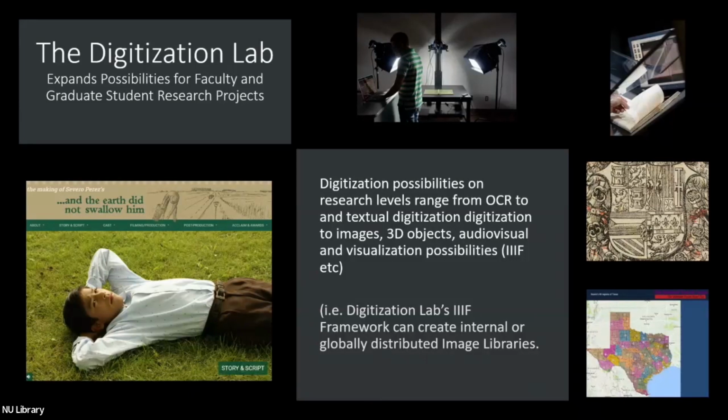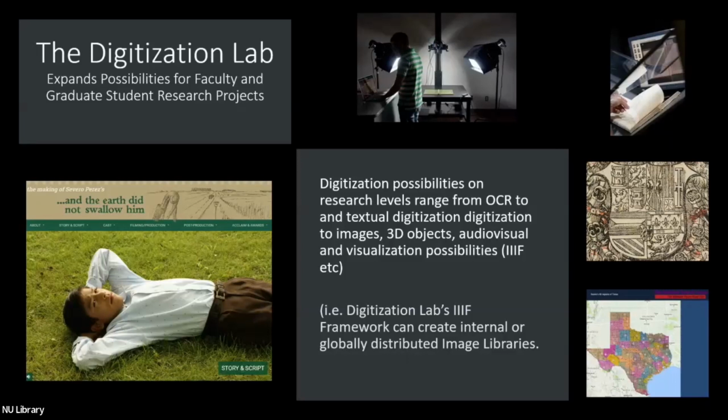The digitization possibilities for these on research levels are really amazing, from putting together textual digitization projects to 3D objects and visualization possibilities, to combining the ecosystem components that I talked about with the digitization lab.